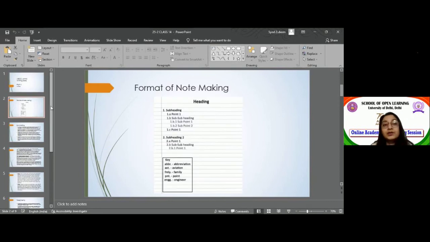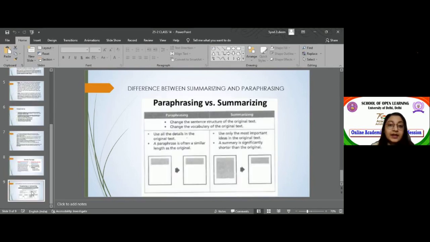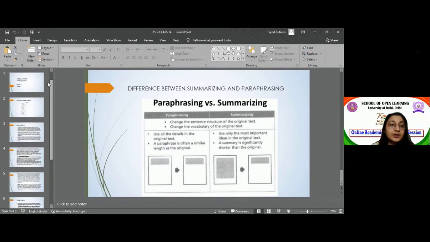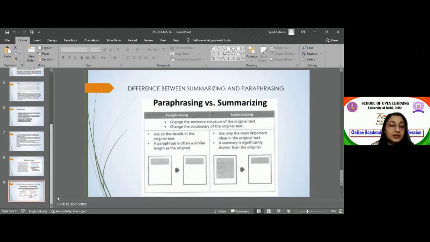So we are going to complete the last unit, which is writing skills. I want you to make a note on the format of note making, letter writing, and report writing, because that is really important in terms of your exam. Also, we have looked at paraphrasing and summarizing, where summarizing is one third of the original length of the material.